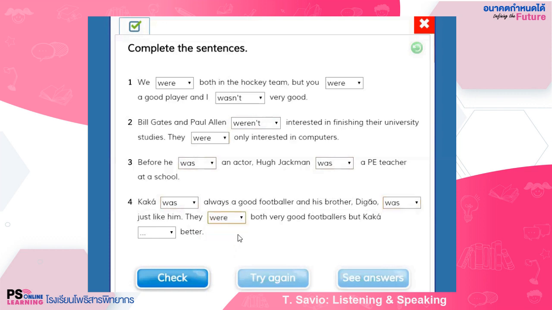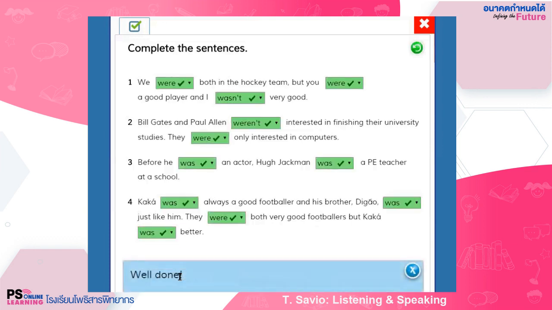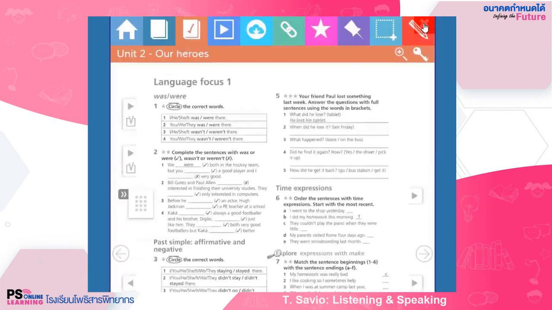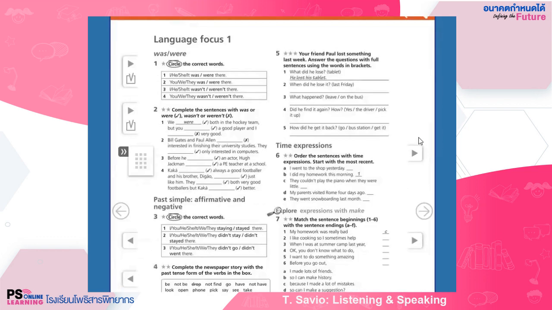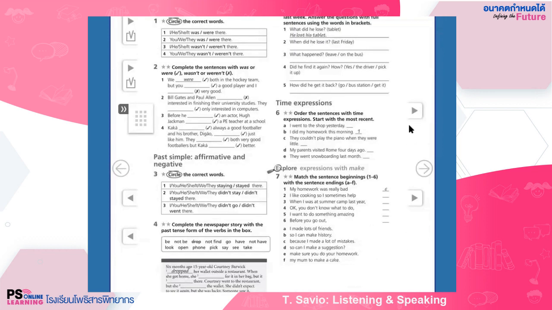They were both very good footballers, but Kaka was better. Okay, so this is a revision exercise of using was and were. Well done. Let's go on to the next exercise.